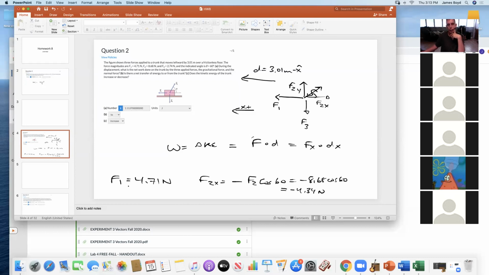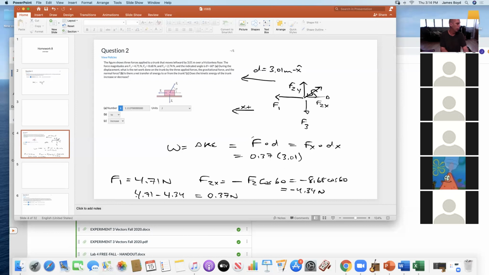Okay, so I can see that F1 plus F2 is 4.71 minus 4.34, or 0.37 newtons. That's the force. The work done is 0.37 times 3.01.